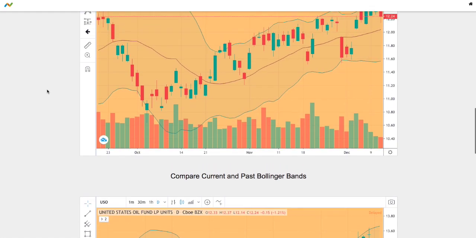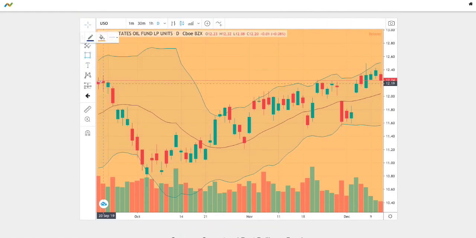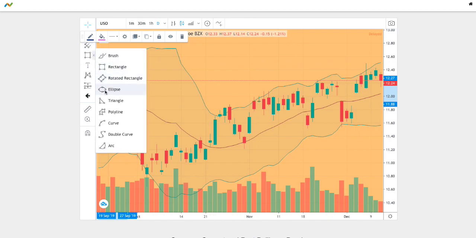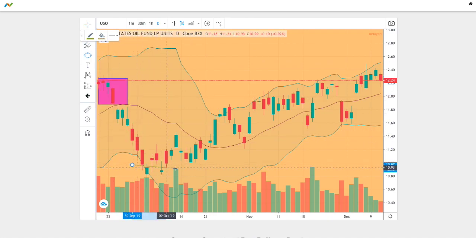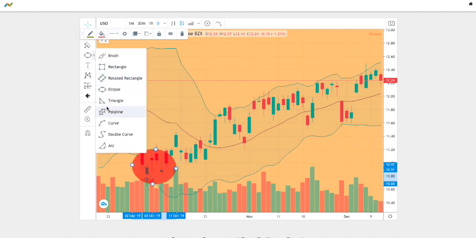So let me point out why these two charts are similar. What we have in the beginning of the trend, we start off above the middle Bollinger Band, and then we proceeded to break down to touch the bottom Bollinger Band. We see selling price action, and after touching the bottom Bollinger Band, we see a good attempt.